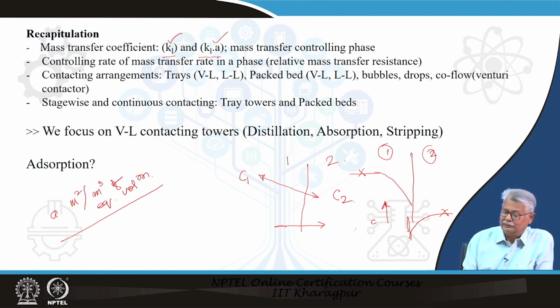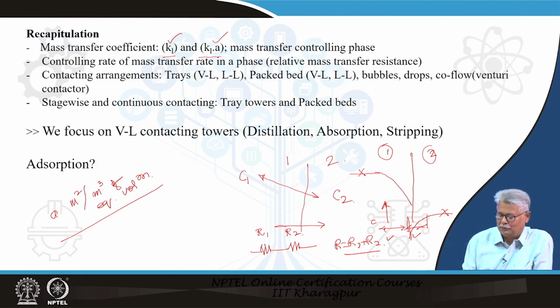Now, there is one thing we have to make very clear: the resistance to mass transfer lies in this boundary layer. Here, both the resistances are in series. If this is R1 and this is R2, the net effect is R1 plus R2. It is possible that one particular phase resistance is much smaller compared to the other one.